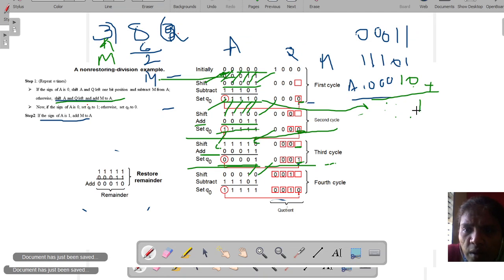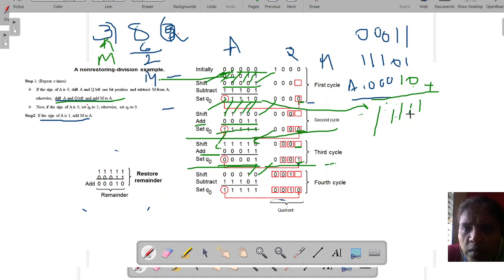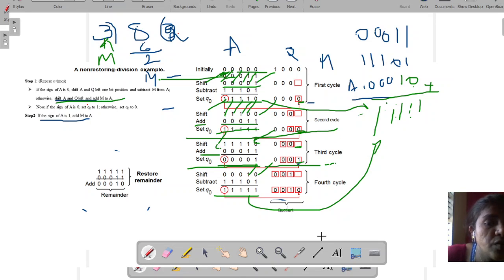And what is the result? 1 1 1 1, 5 ones will come. This is what you got here, and this finishes the 4 cycles.